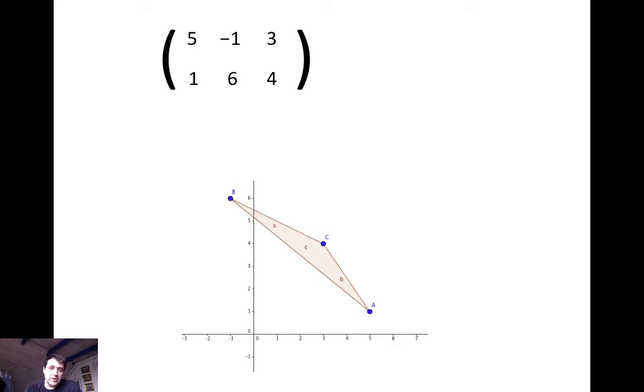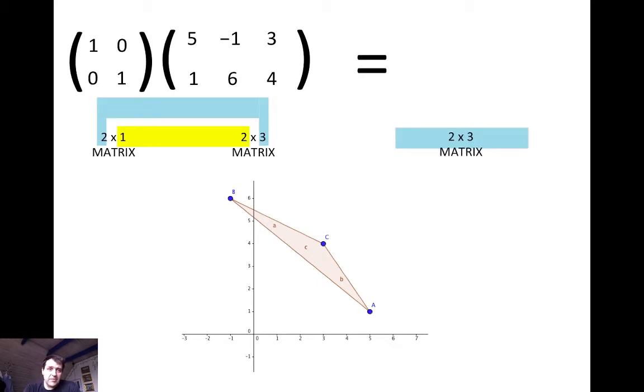The first one we're going to look at is the matrix 1, 0, 0, 1. So I want you to pause the screen and then try and multiply 1, 0, 0, 1 by the matrix representing the triangle. And the result should be a 2 by 3 matrix.